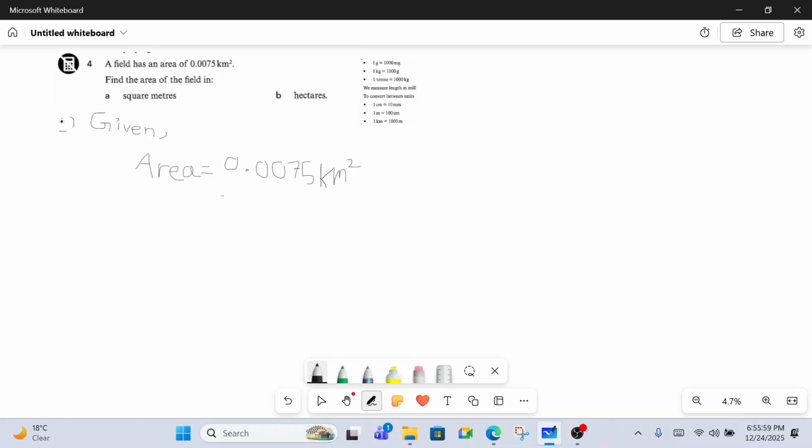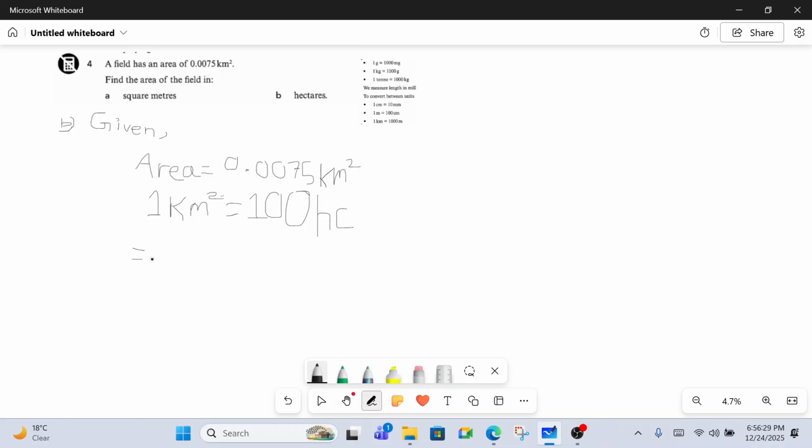So question number B asks us to convert this into hectares. So this is our area, and we know 1 kilometer square represents 100 hectares.